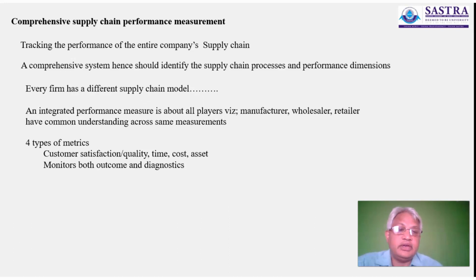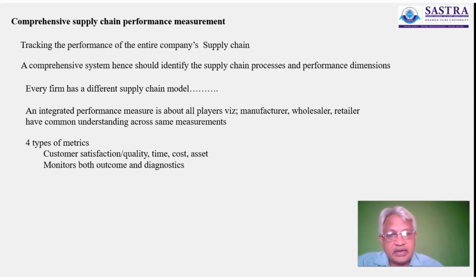It involves tracking the entire company's supply chain, and as we know, different companies in different industries have different supply chain models. The integrated performance measures must be developed across all the businesses inside the whole measurement analysis.